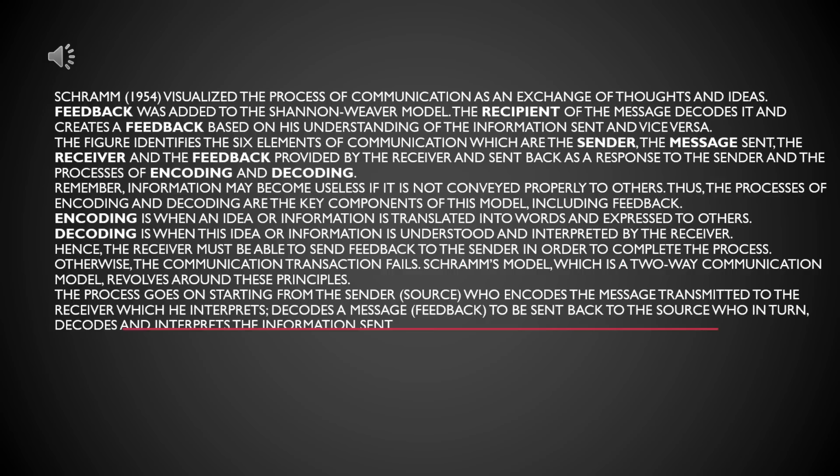Otherwise, the communication transaction fails. The Schramm model, which is a two-way communication model, revolves around these principles. The process goes on starting from the sender source, who encodes the message transmitted to the receiver, who interprets and decodes the message, and feedback is sent back to the source, who in turn decodes and interprets the information sent.